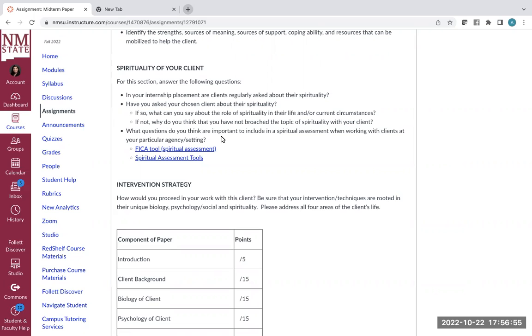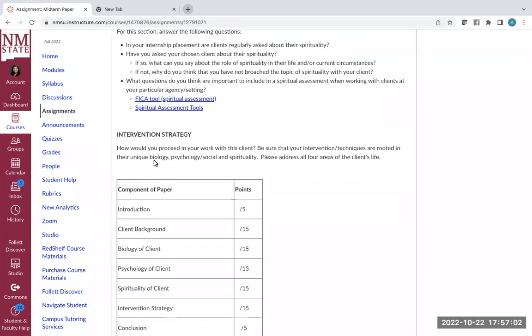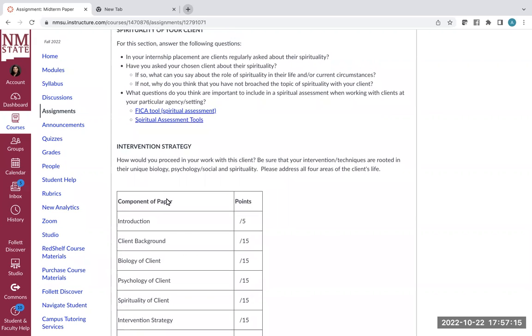And finally, with the intervention strategy, you have to discuss how you will address each one of the challenges or problems within each one of the categories, including the biology, psychology, social aspect, and spirituality. So again, you have to address each one of these areas.